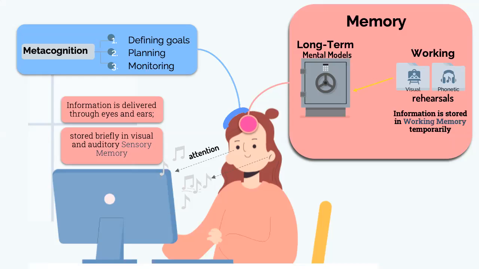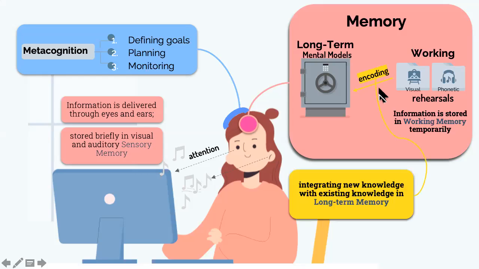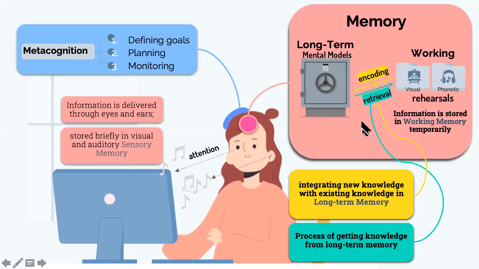And any form of memory can later be encoded, integrating the new knowledge with the existing knowledge in the long-term memory. At certain times, she needs to retrieve some information, the process of getting the existing knowledge from the long-term memory.